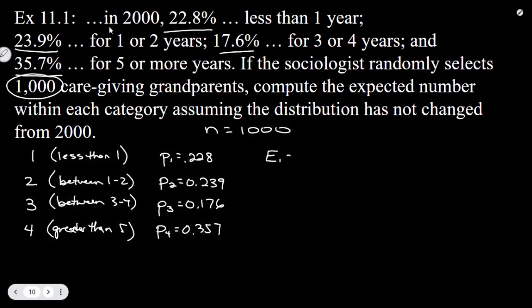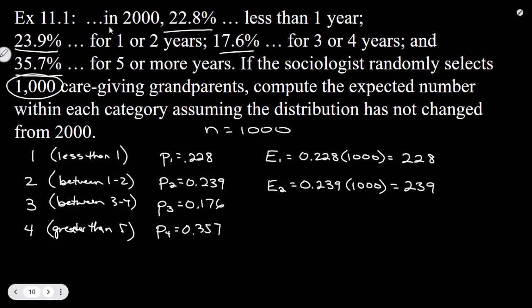So E1, the way we do that is we take the probability 0.228 and multiply by n, which is 1,000. That comes out very nicely, so 228 would be the expected count if everything stays exactly as it was before. E2 would be the probability of this category, 0.239 times 1,000, and you get 239.